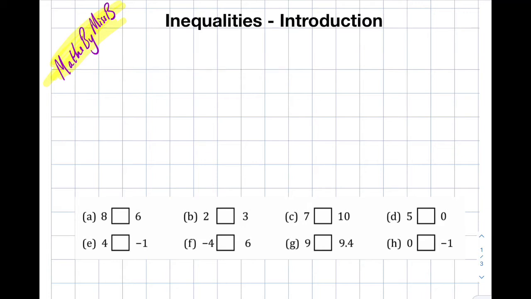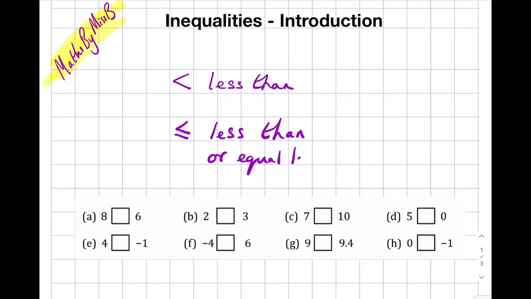What you need to know: a sign pointing to the left is known as a less than sign. A sign pointing to the left with an equal to sign is known as less than or equal to. A sign pointing to the right is known as a greater than sign.